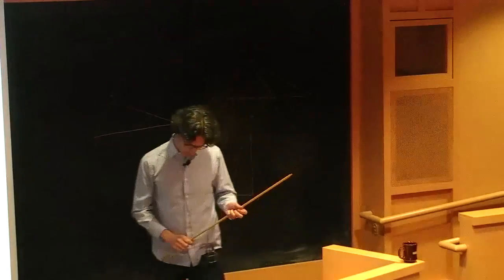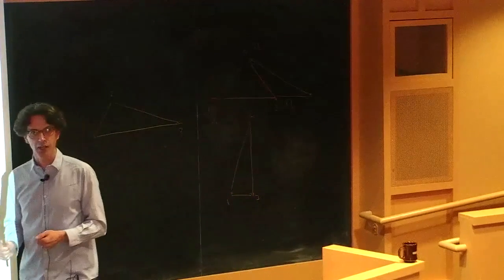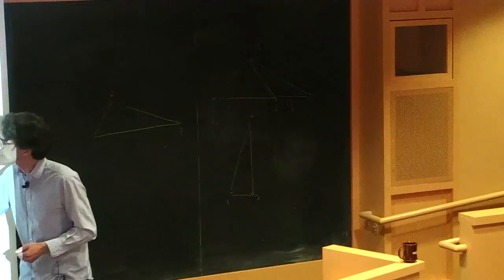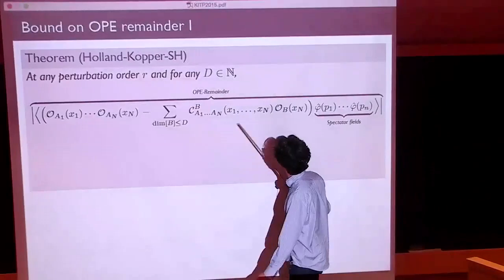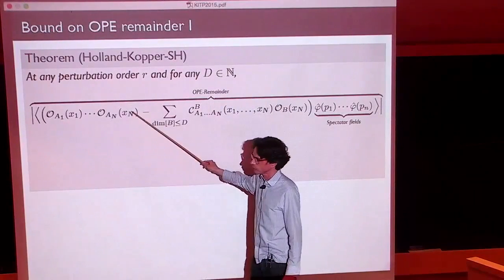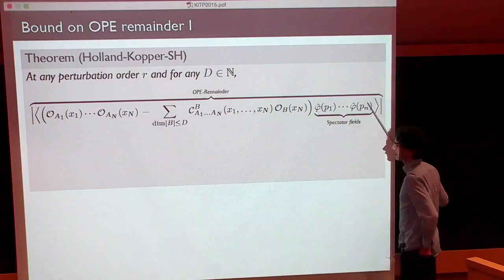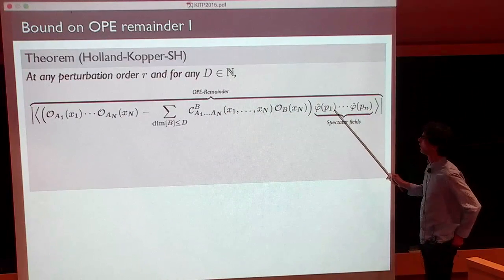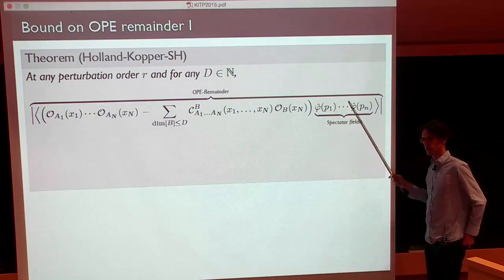So maybe let me. So the second result that we have is about the convergence of the expansion itself. So what I've written here for you is again a product of n fields. And then I have a couple of spectator fields. And the hat just means I Fourier transform the spectator field.